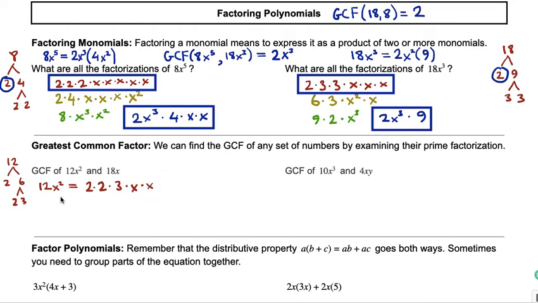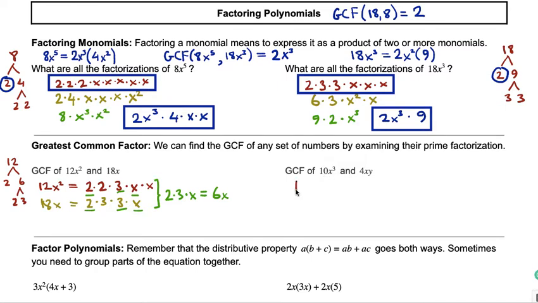And for 18x, we have 2 times 3 times 3 times x. So if we combine those two together to find the greatest common factor, we see we've got a 2 in common, we have a 3 in common, and we have an x in common. So that's equal to 6x. That's our greatest common factor.